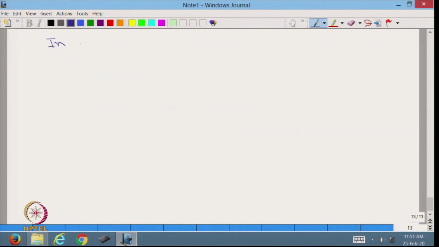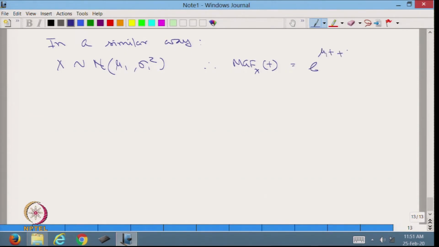In a similar way, suppose x is normal with mu 1, sigma 1 square, therefore, its MGF at t is equal to e to the power mu 1 t plus half sigma 1 square t square.